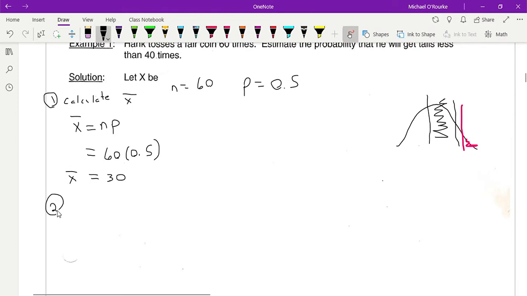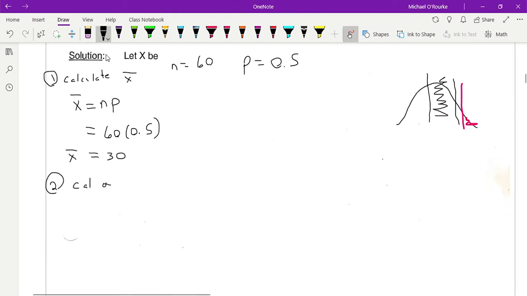Number 2, I'm going to write find, or calculate, the standard deviation. That's my worst standard deviation sign of the year. That's not bad. Did I put your standard deviation formula on there too?